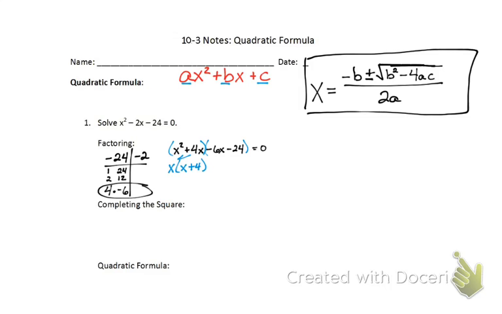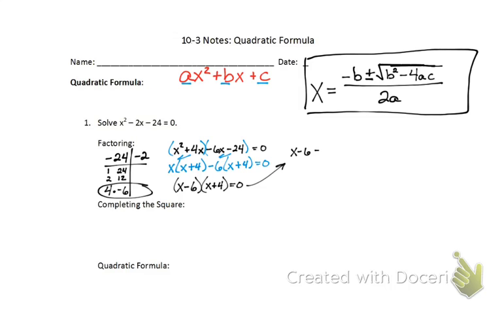The second group you factor out a negative 6, leaving you with x plus 4, still equals 0. So you now have x minus 6 times x plus 4 equals 0, which then means you would solve this by setting each piece equal to 0.